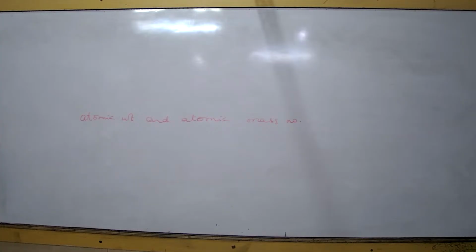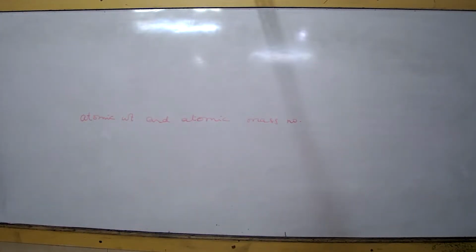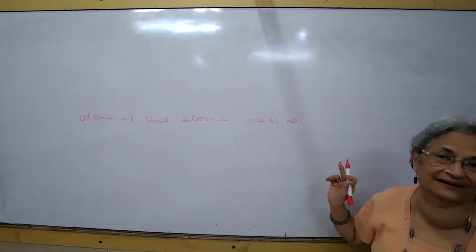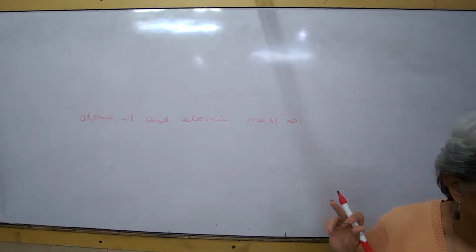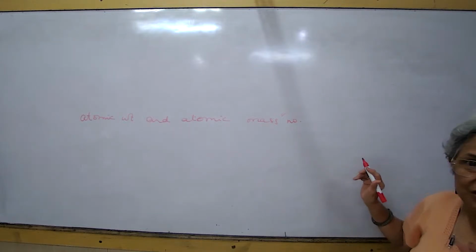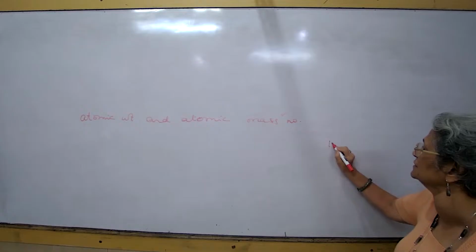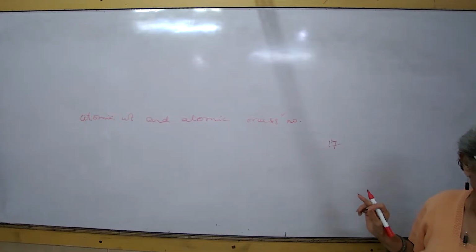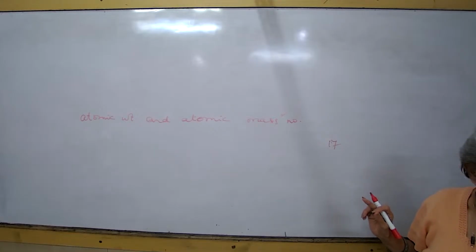Atomic mass is also the weight of the number of protons and number of neutrons, but it is applicable to isotopes. It's applicable to isotopes because of what has happened in the case of chlorine. You have got atomic number 17, atomic weight 17, correct?